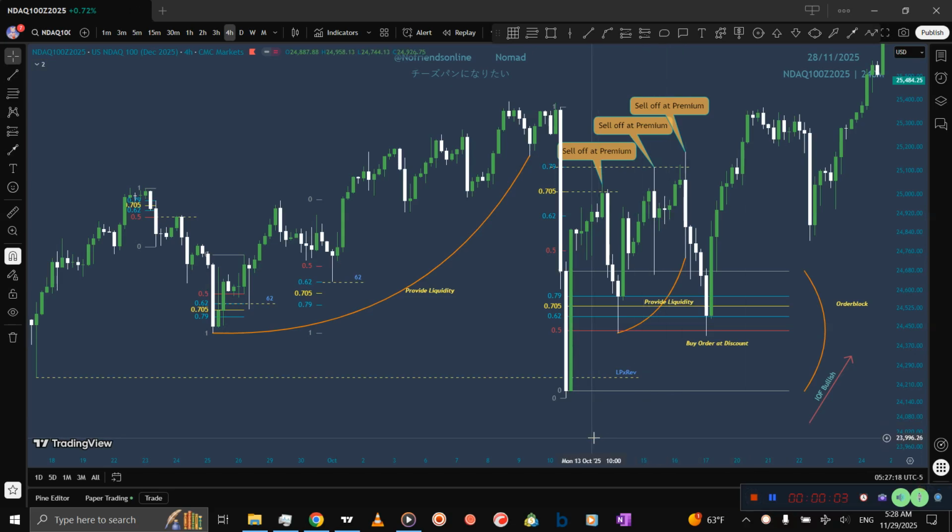It's really important to understand the IOF, institutional order flow.